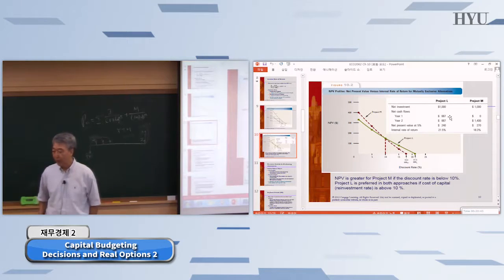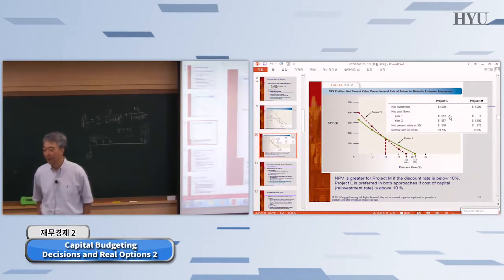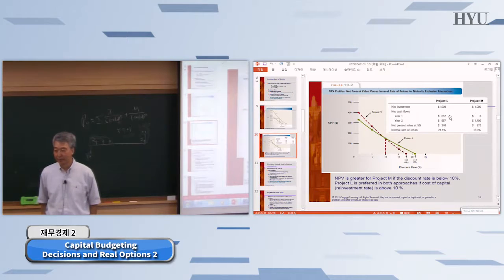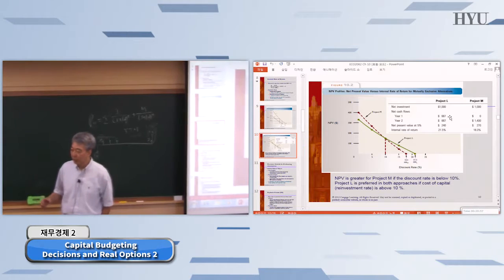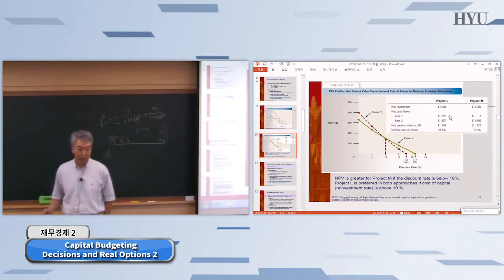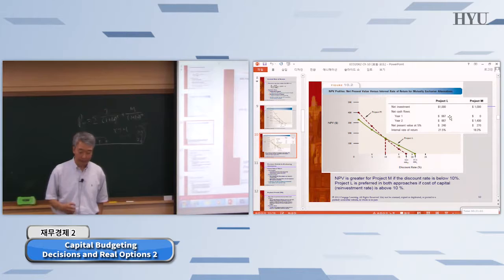What are you going to do with that money? Put it in the bank or in your pocket? Right? You have to reinvest. Put that money in a new project, right? Or do something with that money, right?